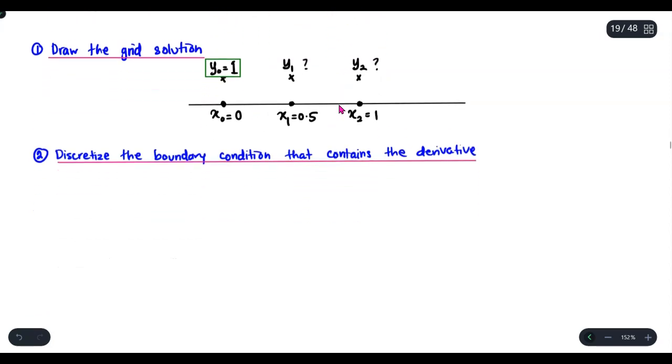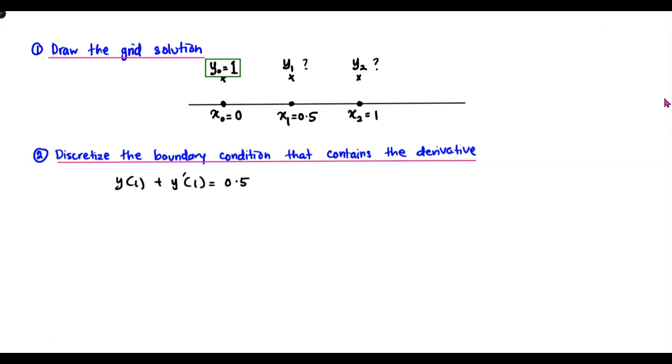All right, I'm going to write down one more time. Our right boundary condition is y(1) plus y'(1) equals 0.5. In terms of subscript notation, y(1) is basically y sub 2, because it is the value of y when x is 1.